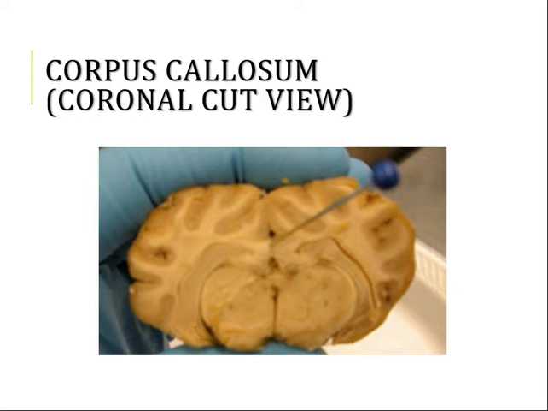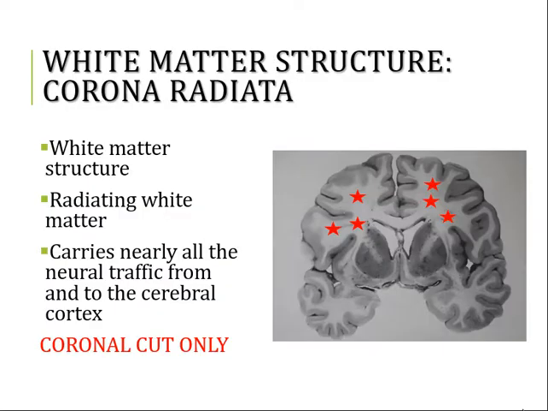That is our corona radiata, as we can see with the red stars on the right. This carries all, or nearly all, of the neural traffic to and from the cerebral cortex. And this is something you can only see from the coronal cut. You couldn't see this in horizontal, mid-sagittal, or sagittal cuts.